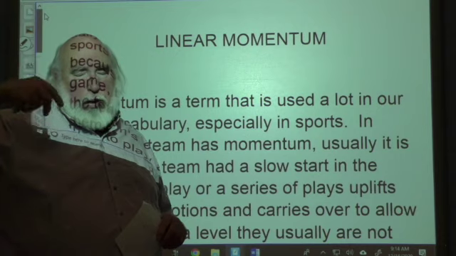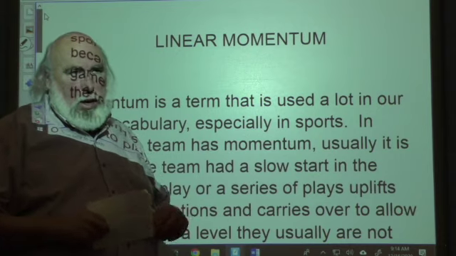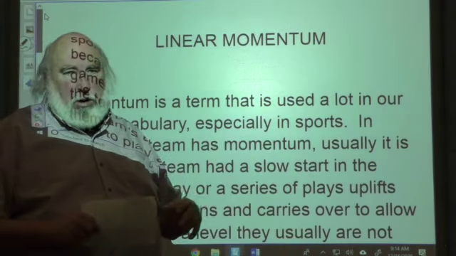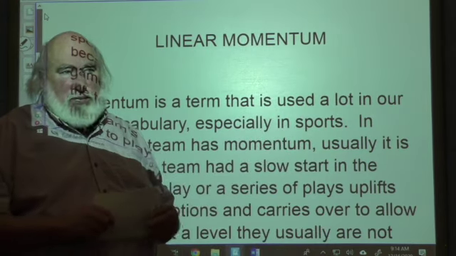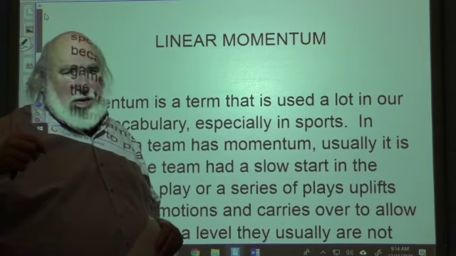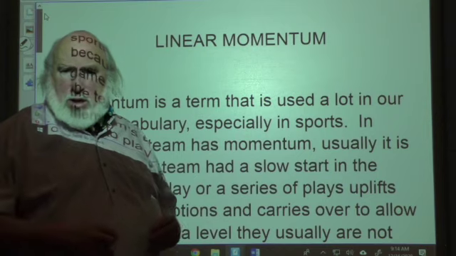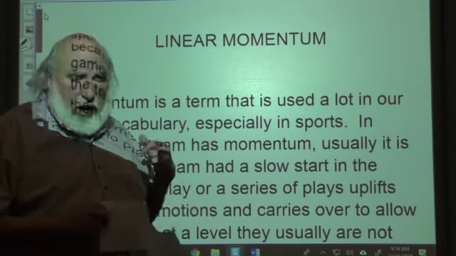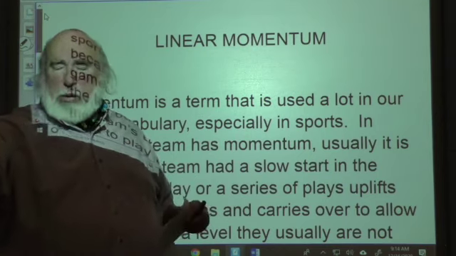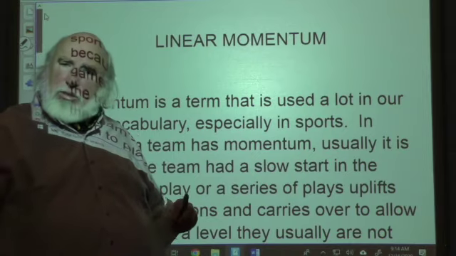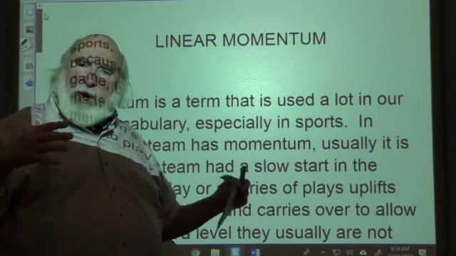However, if the tackler is bigger and the ball carrier is smaller, but the ball carrier is moving twice as fast as the somewhat heavier tackler, when they collide, the ball carrier is going to push the guy back because he has momentum. So it's a combination of mass and velocity.